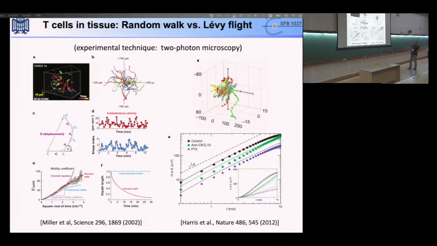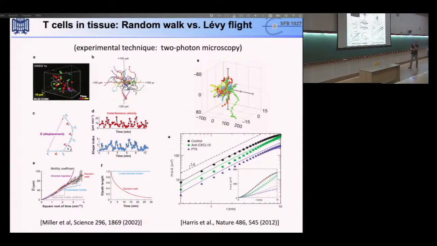So these are straight lines here with the slope 1.4. So that is then superdiffusion. And that is an exponent that you can get from Levy flights, which is another model for anomalous diffusion.